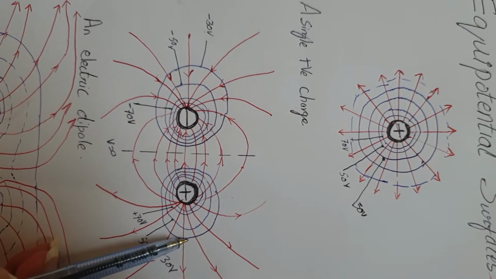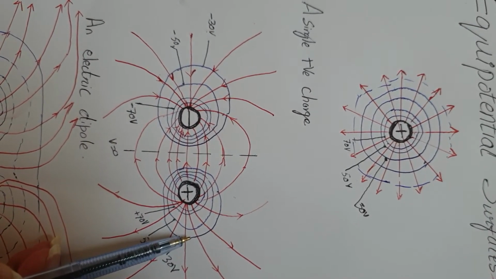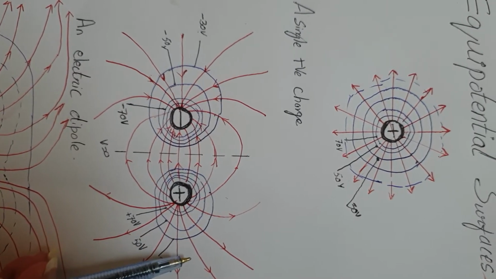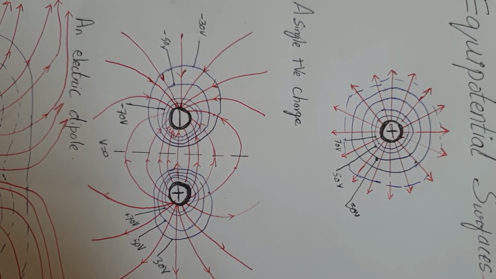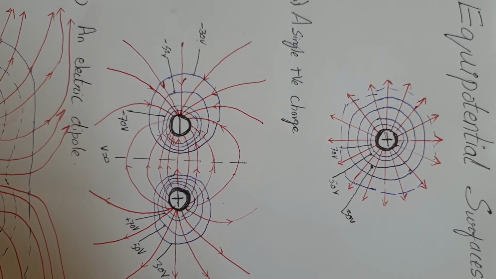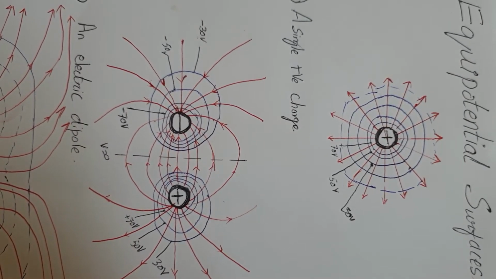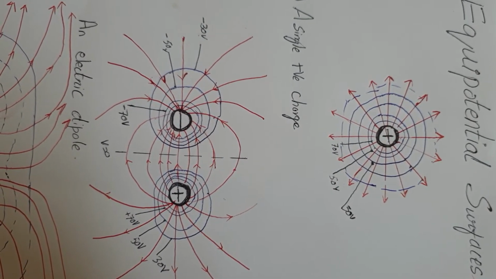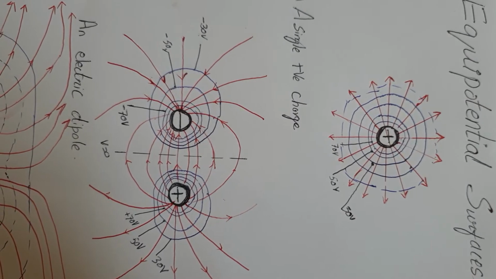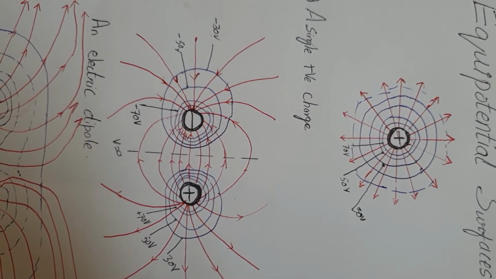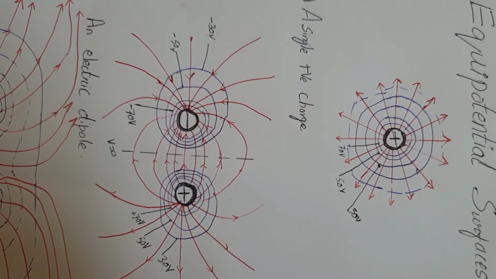Similarly, on the right side of the positive charge, the equipotential surfaces are at greater distance. On an equipotential surface, the potential V has the same value at every point, but it is not necessary that the electric field also has the same value at all points.